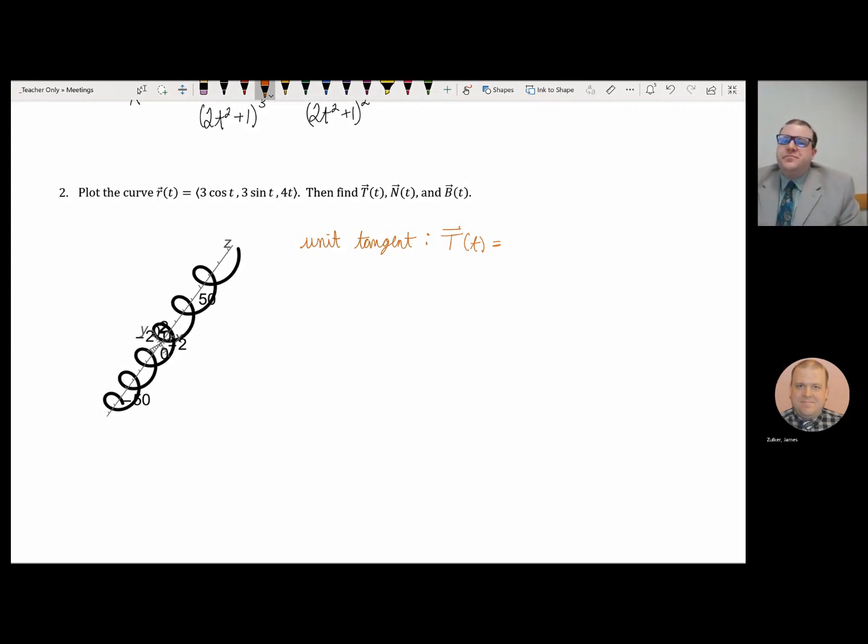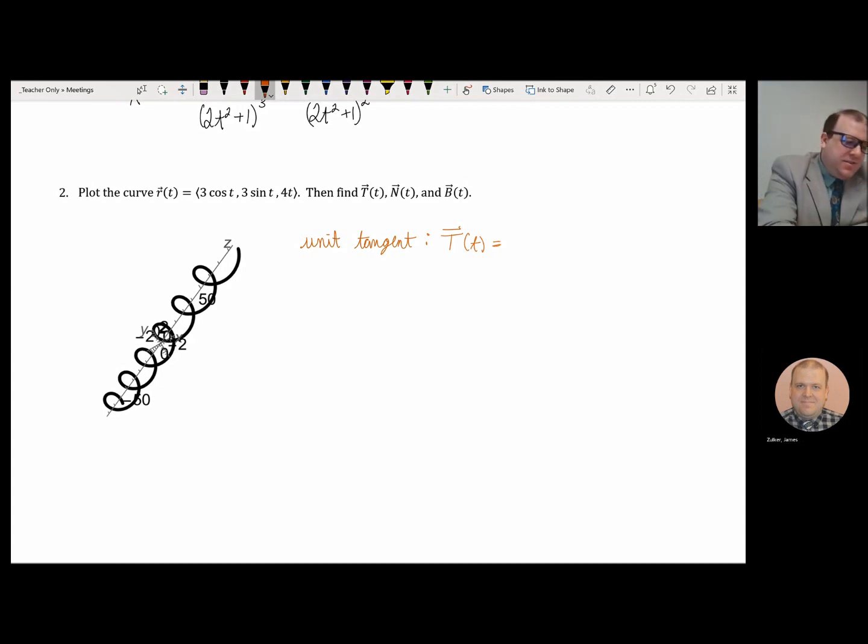Unit tangent vector. How do we find it? Do we take the derivative of r of t?